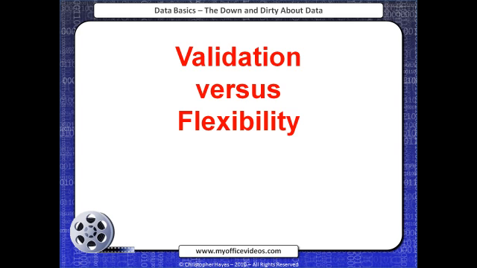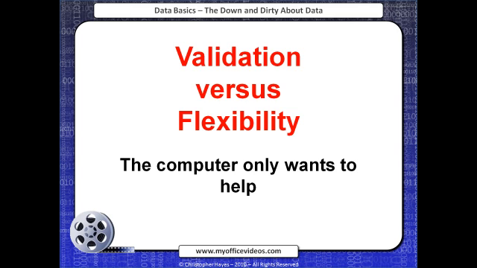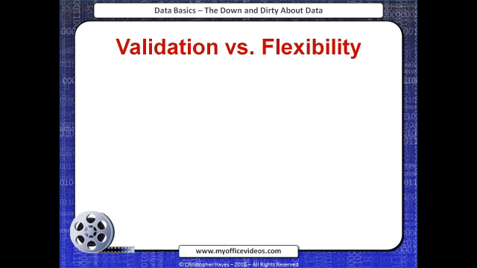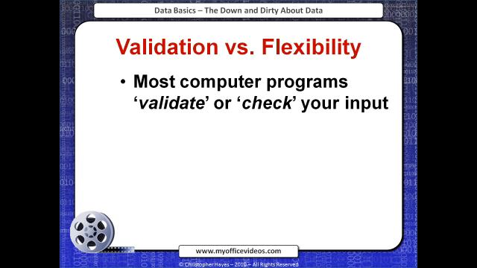I want to start talking about validation versus flexibility. I've told you many times that the computer usually does all the work for us, and it's really the programmer's intention when making these programs to help you and not hurt you. So what am I talking about when I talk about validation versus flexibility?